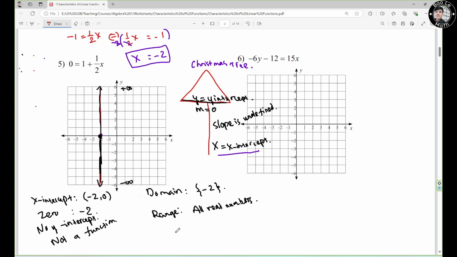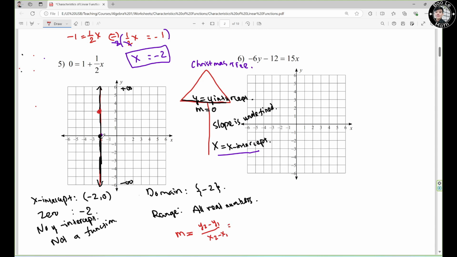So, we see the slope is going to be equal to rise over run, right? y2 minus y1 over x2 minus x1. Okay, so I'm going to pick 2 points right here.